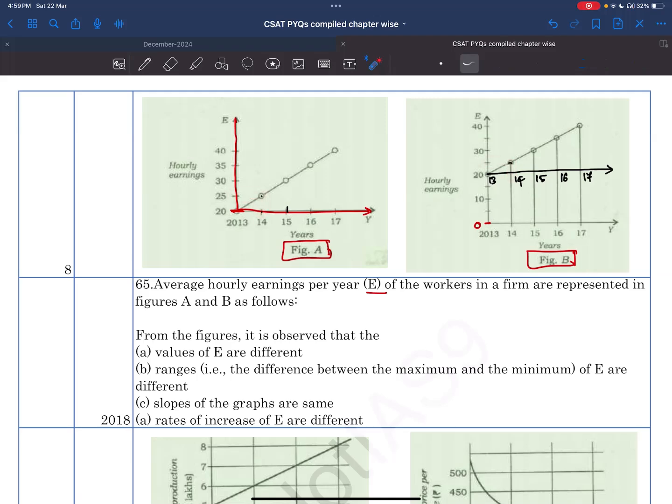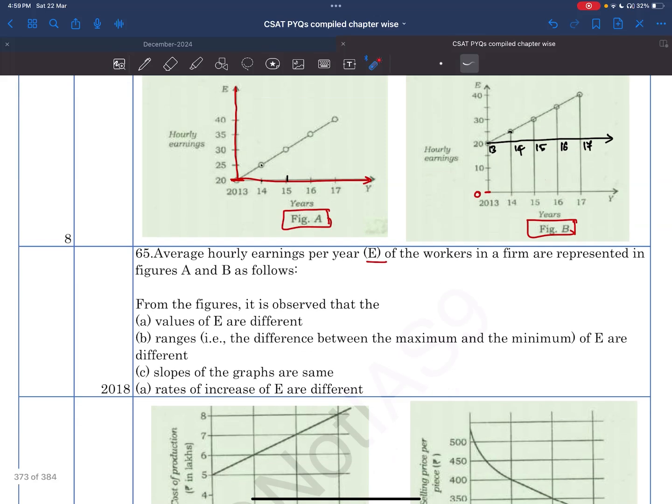This also 14, 25. 15 and 30, this also 15 and 30. 35 and 16, see here, 35 and 16. 40 and 17, 40 and 17. That means these are similar graphs only. So the slopes of the graphs are the same, right? The answer is C. Very simple.